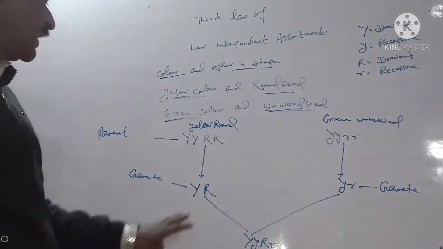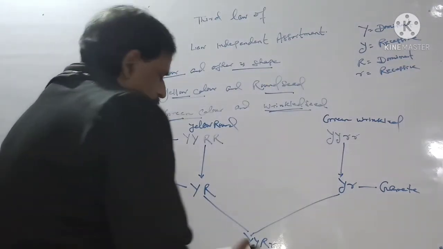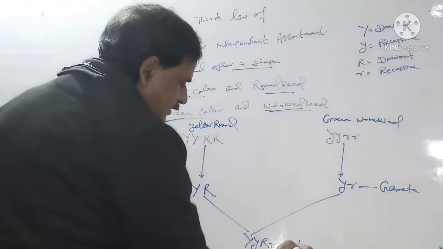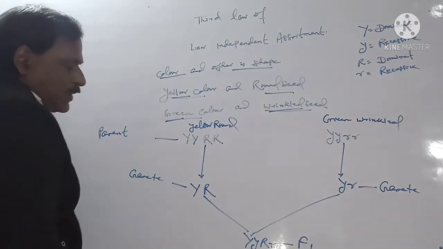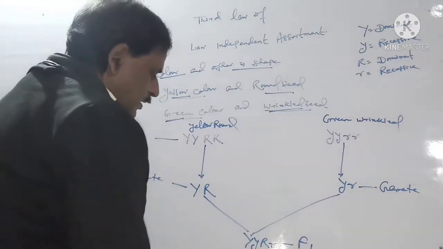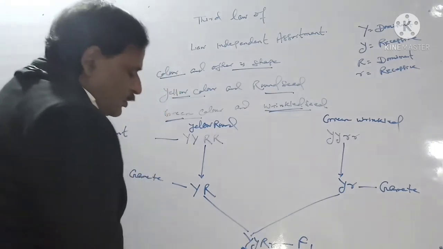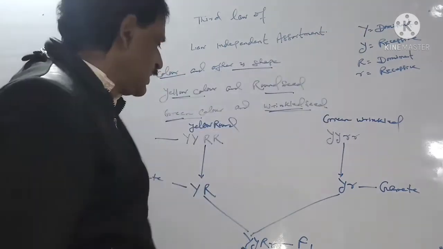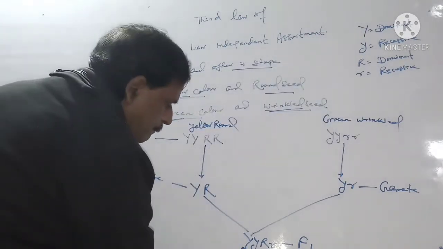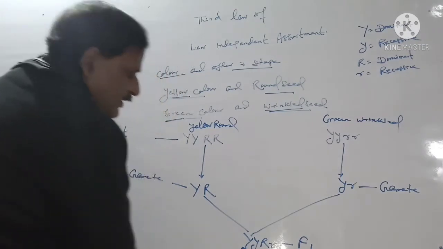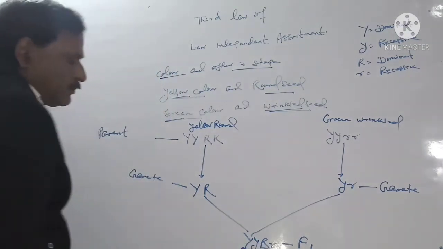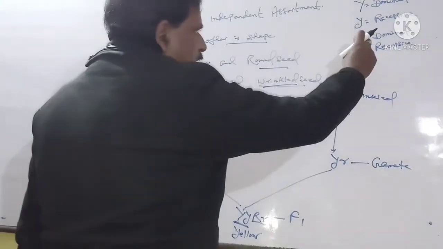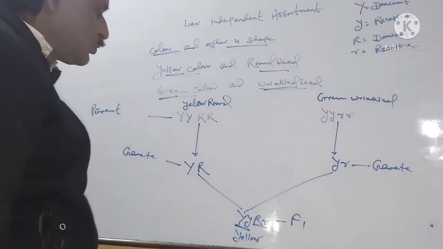When we cross capital R, small r and capital Y, small y, we find that the F1 generation is capital Y, small y and capital R, small r. For capital Y, small y, the capital Y is dominant, so the color is yellow. And for seed, capital R, small r, capital R is dominant and the dominant character is visible, so the seed is round.